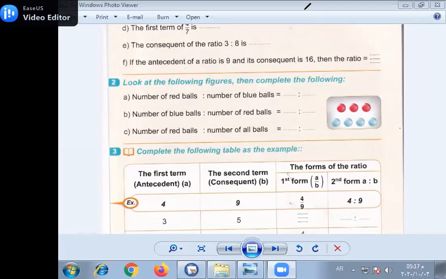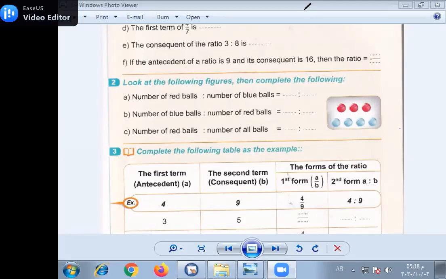Who will answer this? Marteros, it's your turn now. Please answer the second part of the table. The antecedent of the second question is 3, and the consequent is 5. So we'll write the ratio in the form of a fraction as?